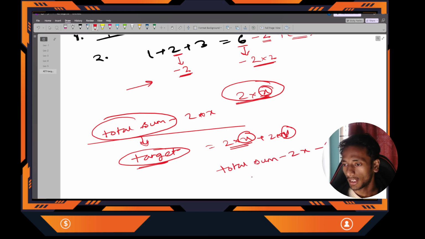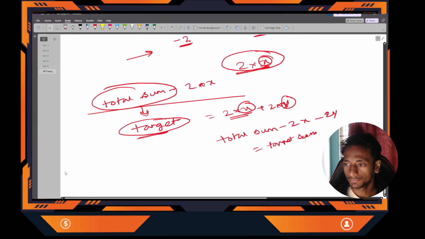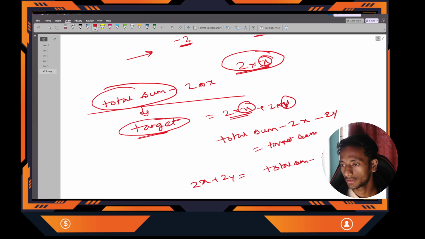Correct? And that is equal to the target sum. So 2 into x plus 2 into y is total sum minus target sum.